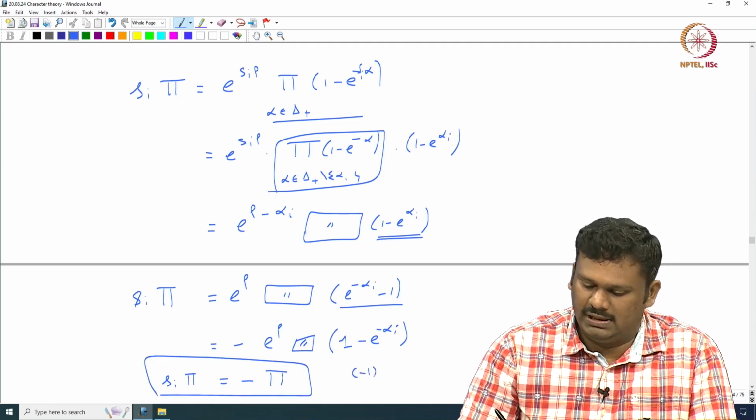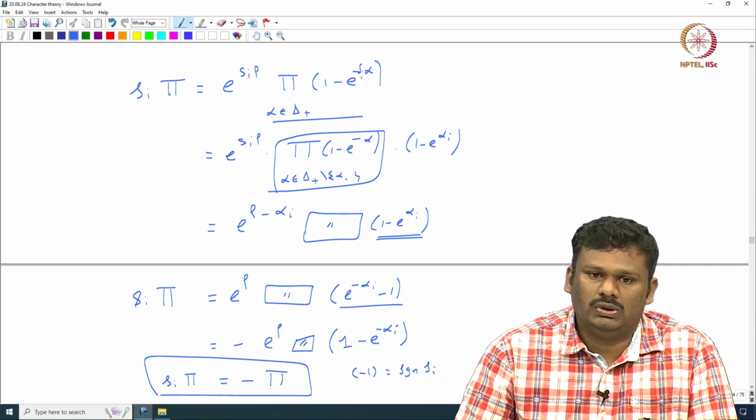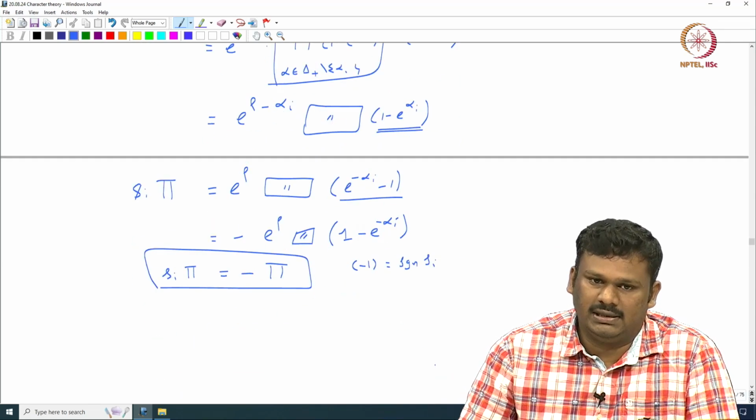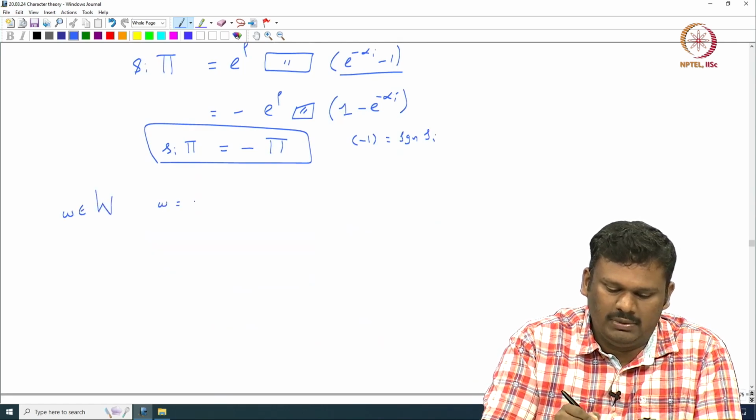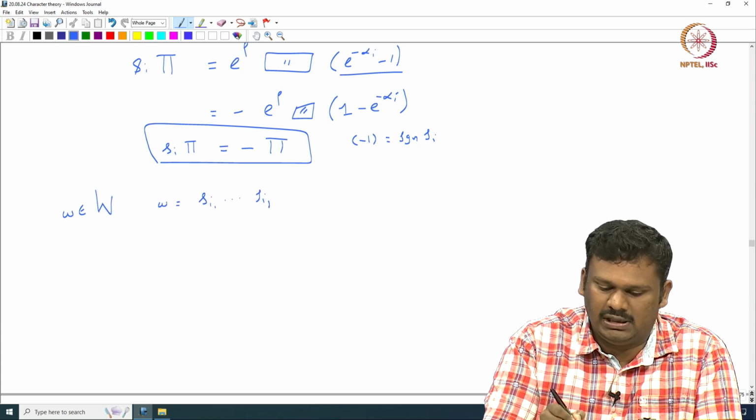So, but minus is nothing but the sign of si. Okay. So, this is what you are getting by applying si. Now, if I take any w in W, then w can be written as some si1 etc. sir.